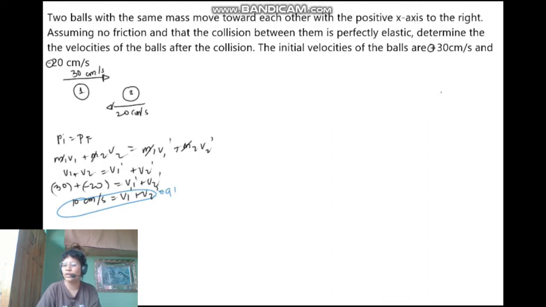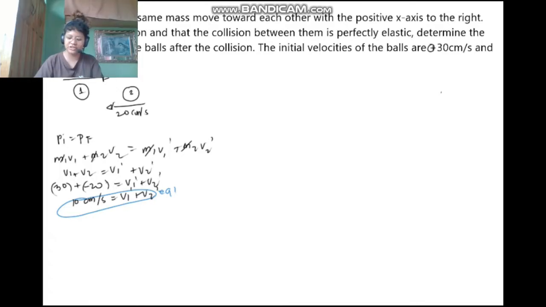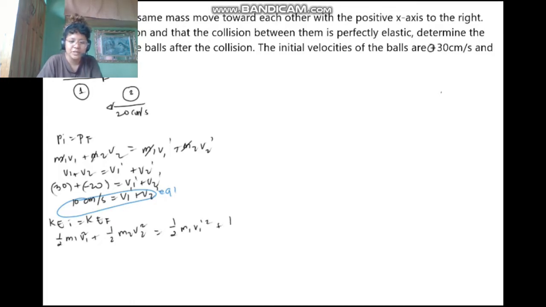This is equation 1. Next, we're going to get the second equation, and for that we're going to use the conservation of energy, of kinetic energy. Once again, the formula for conservation of kinetic energy is initial kinetic energy is equal to final kinetic energy, and that can be written as 1/2 m sub 1 v sub 1 squared plus 1/2 m sub 2 v sub 2 squared is equal to 1/2 m sub 1 v sub 1 prime squared plus 1/2 m sub 2 v sub 2 prime squared.